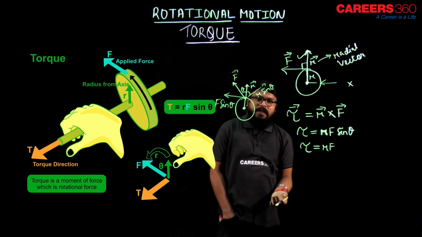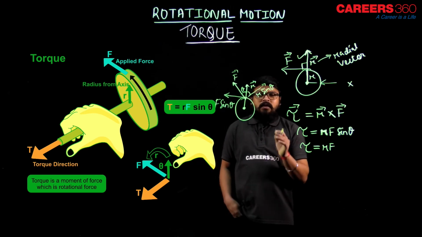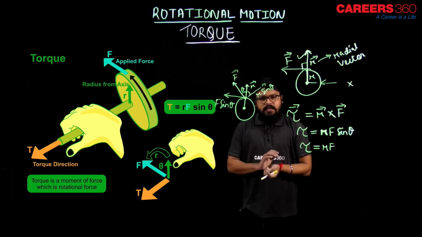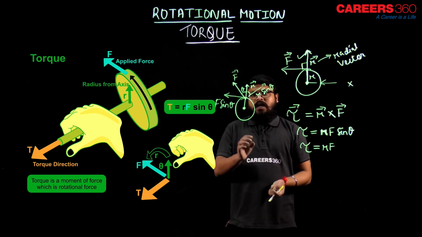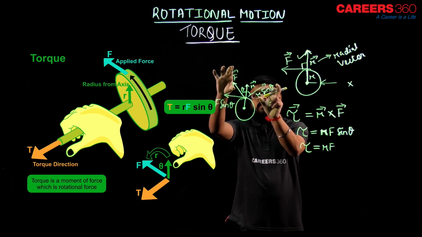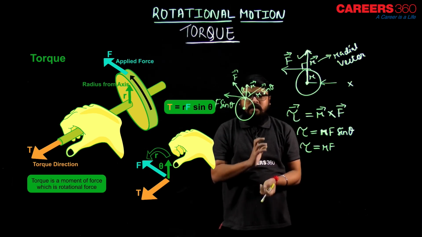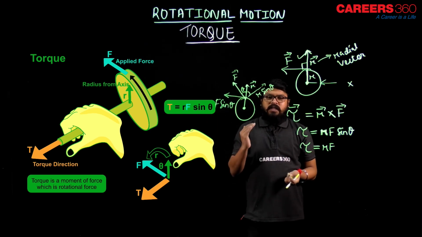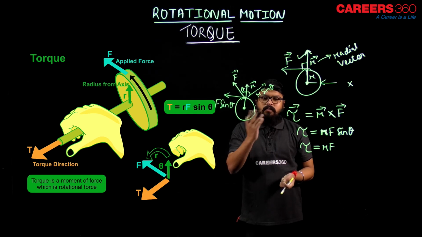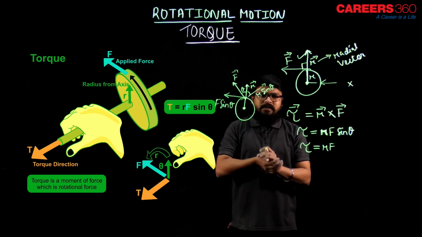In both the cases, the force and the radial vector have to be perpendicular to each other. So either you consider this force F and this r sine theta, or you consider this r and this F sine theta. In both the cases, they are perpendicular to each other. That is the meaning.